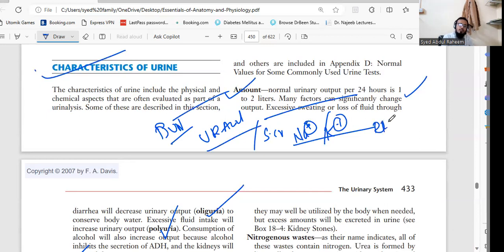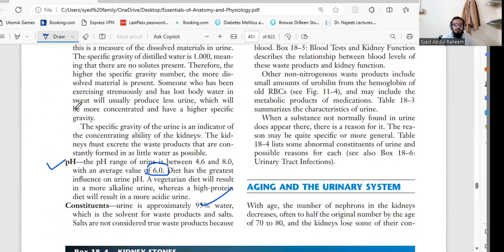Or you have urine analysis, which checks whether there is any bacteria or sugar in the urine. Everything is checked in the CUE.